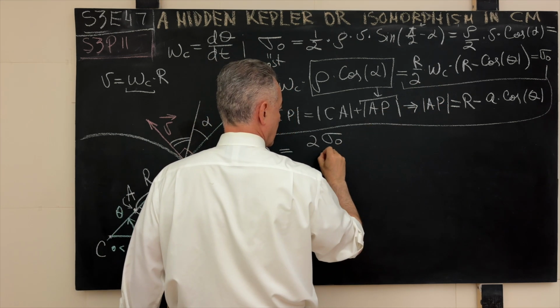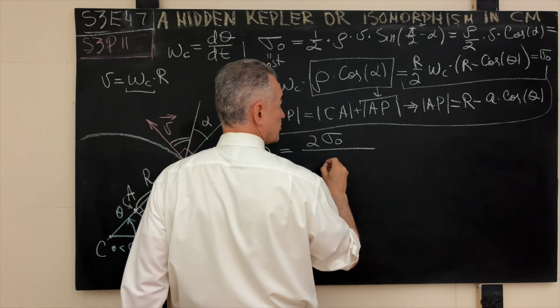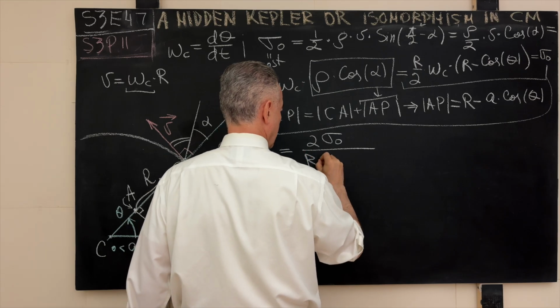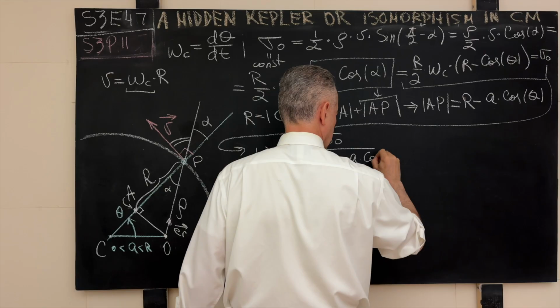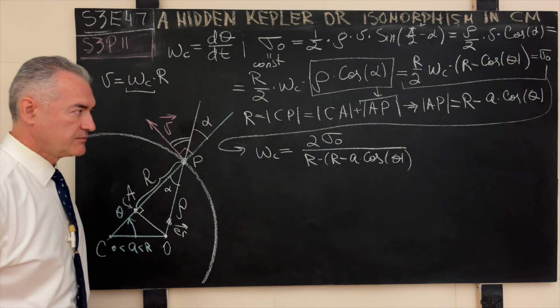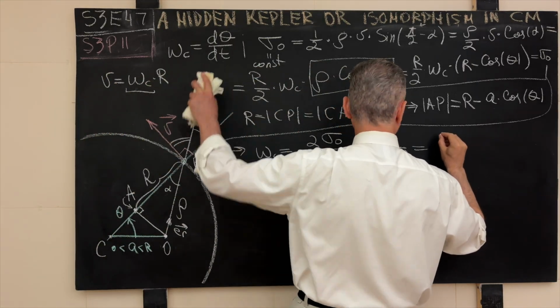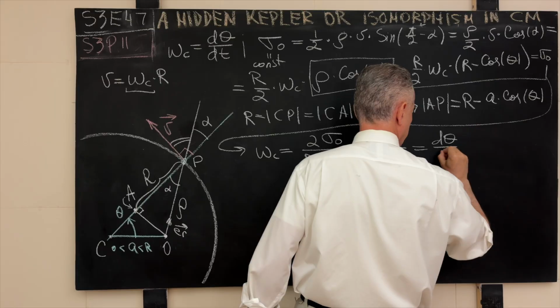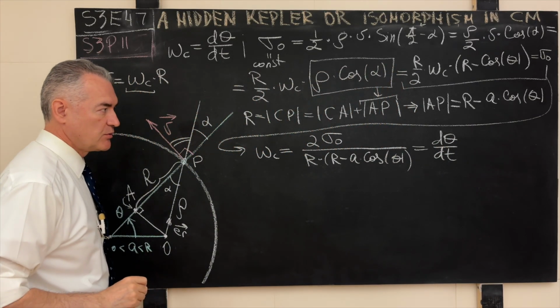Twice sigma 0, that's the areal velocity of the point relative to the off-center point, divided by r times (r minus a times cosine of the angle theta). You see, this is trivial. Now this already is d theta over dt, a very pleasant ordinary differential equation with separable variables.